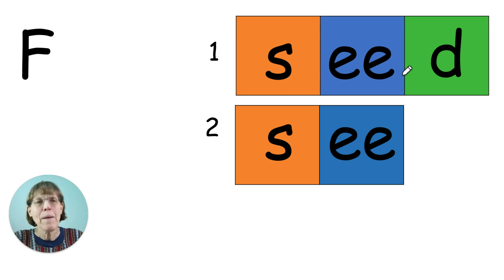E. But now the D sound is gone. And now we just have 2 sounds. We dropped the last sound. And now we have a 2 sound word, S and E.